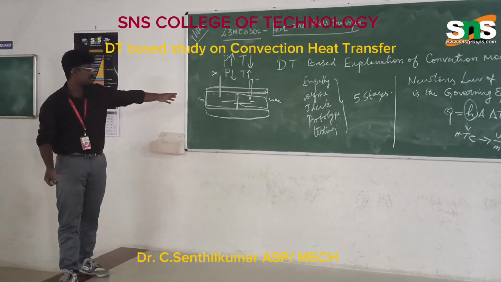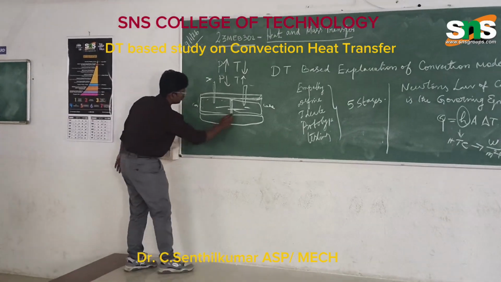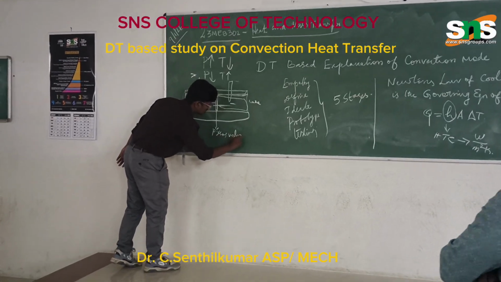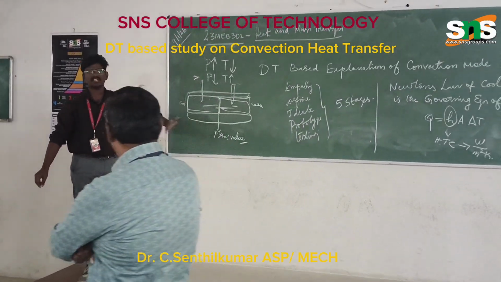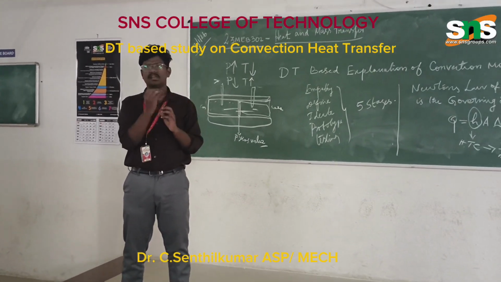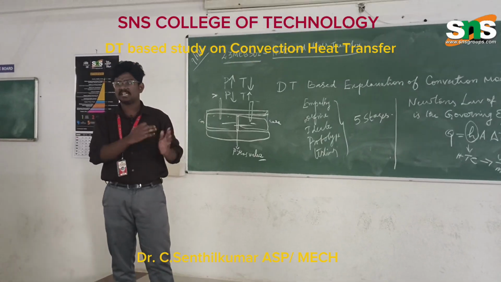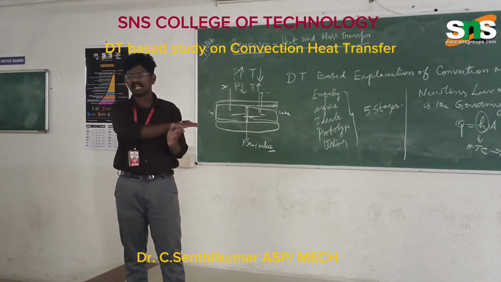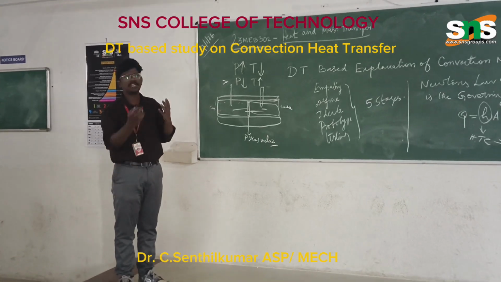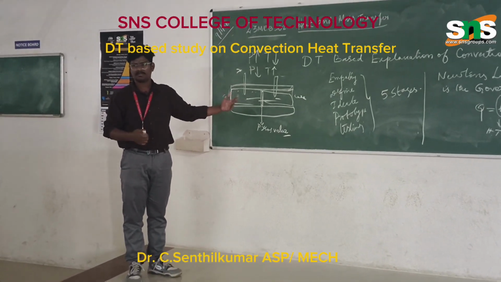Here there is no heat transfer because there is a porous wall with heat insulation. No heat is exchanged from here, so it is not an example for convection.